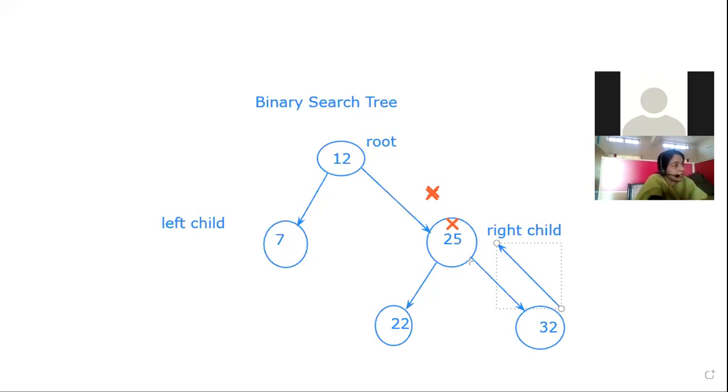So when 32 comes here, 12 is lesser than 32, and we know that 22 is also lesser than 32. Okay, hope it is clear.